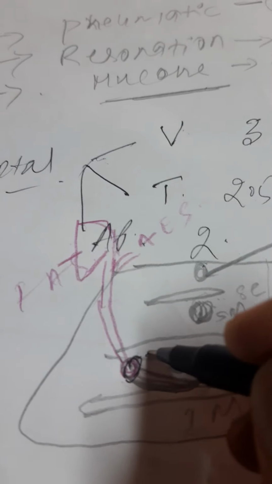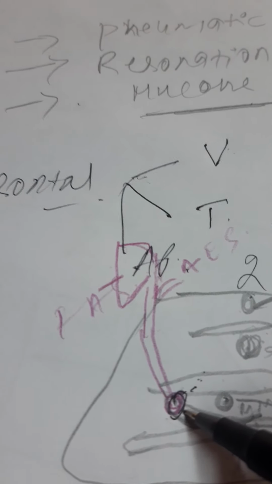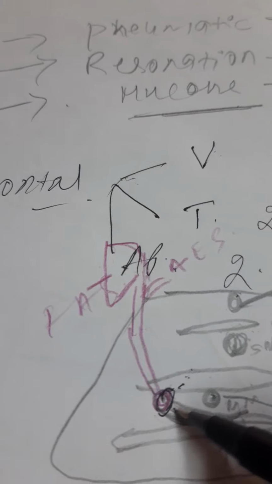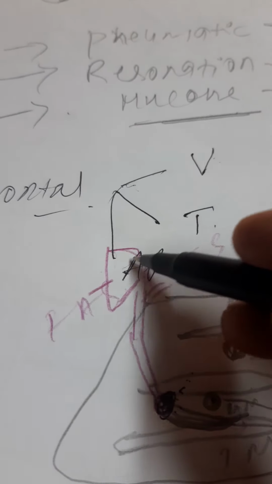Whenever there is any blockage of this opening of the frontal air sinus in the middle meatus of the nose because of infection of the nose, otherwise called rhinitis, if it is left untreated, there can be blockage of this opening. So the secretion from the frontal air sinus will not be draining into the lateral wall, so it gets blocked here.